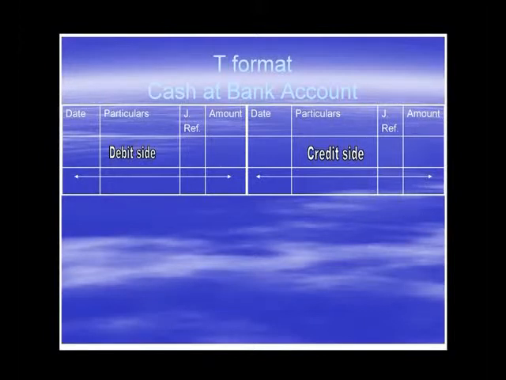That is the dividing line, debit side and the credit side. On the debit side, or left-hand side, you can see date, particulars, J reference. J reference means journal reference, and then the amount involved.